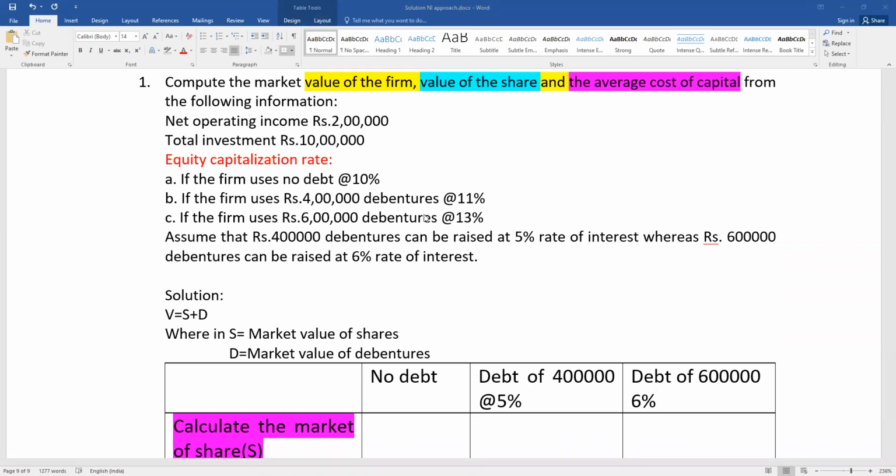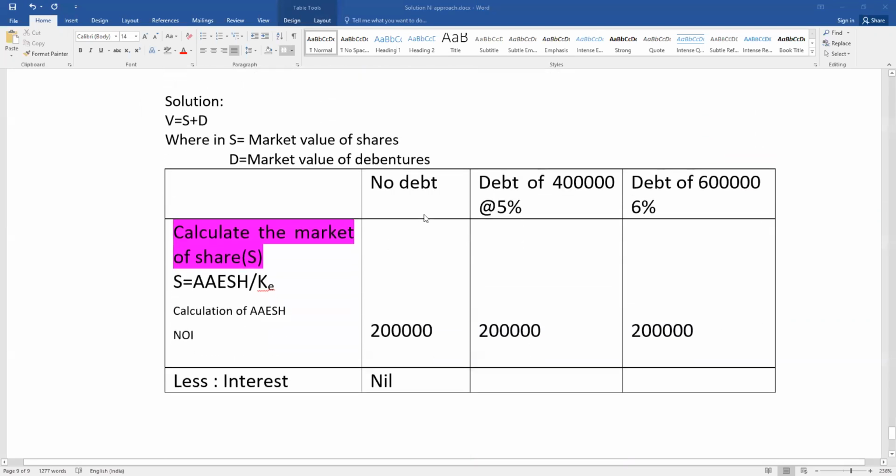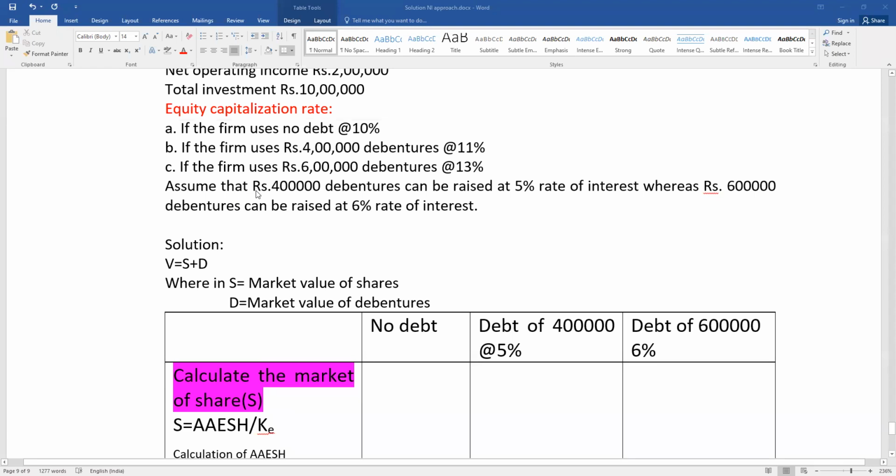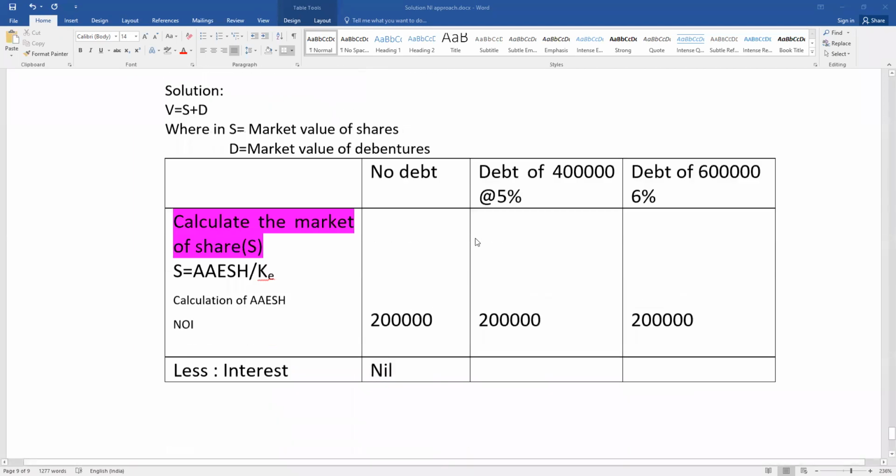Can I get a reply? Yes, ma'am. Yes, please do reply. In the last line, they have given, assume that rupees 4 lakh debentures can be raised at 5% rate of interest, whereas rupees 6 lakh debentures can be raised at 6% rate of interest. So for 4 lakh, 5% is the rate, and for 6 lakh, 6% is the rate. This is the equity capitalization rate, that is KE. This is KD.